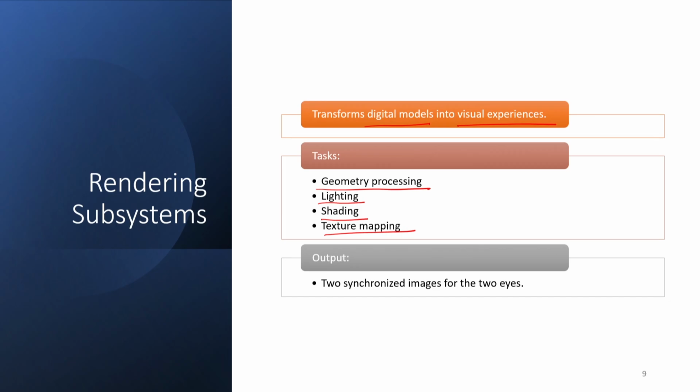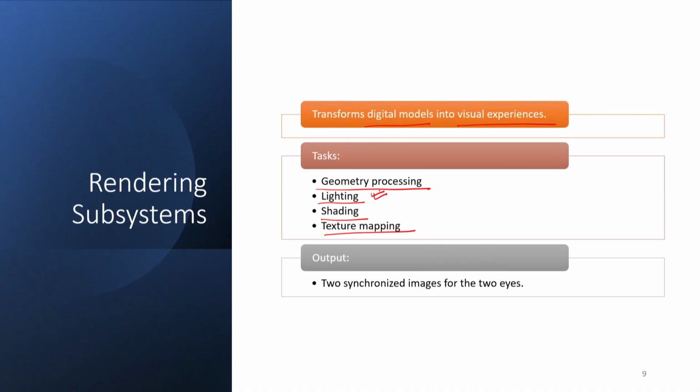So, these rendering subsystems process the geometries and have them move. They are also responsible for creating an environment with the appropriate lighting. For instance, indoor lighting as opposed to outdoor lighting, day versus night, different times of the day, all of that is handled by the lighting rendering.